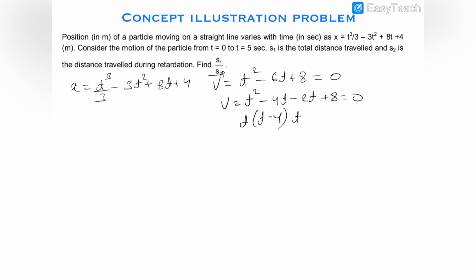So you can see that t equal to 4 and t equal to 2 are the two instants of time when velocity is 0.